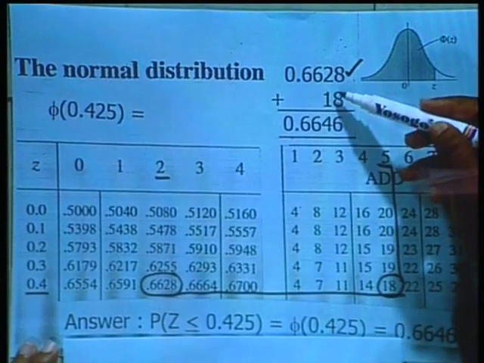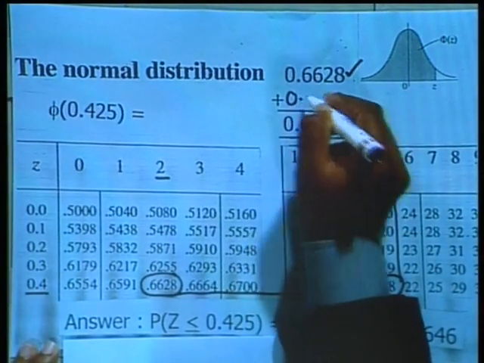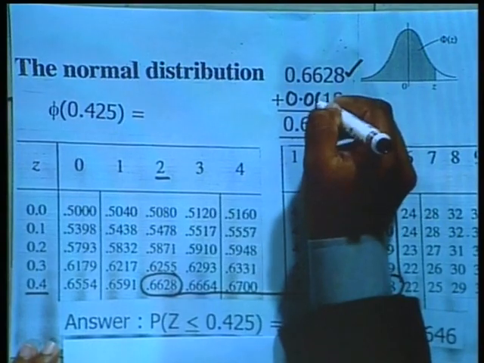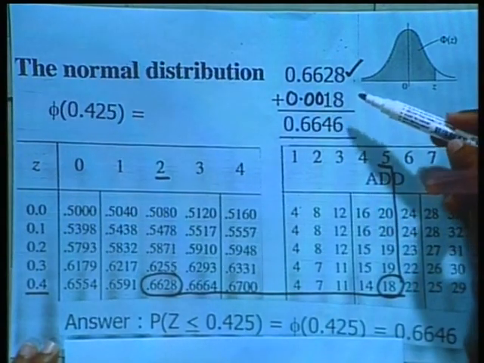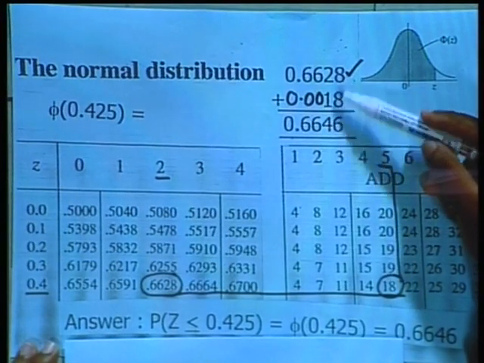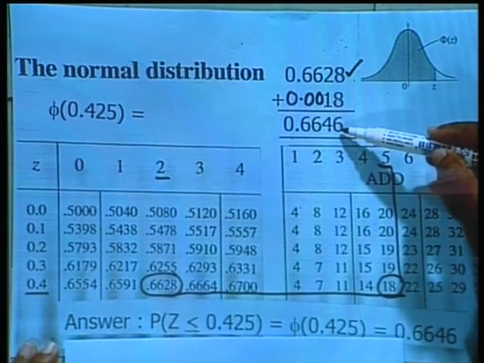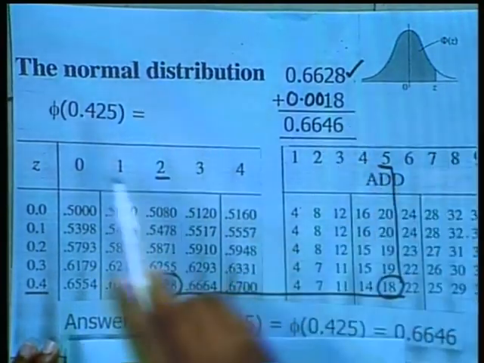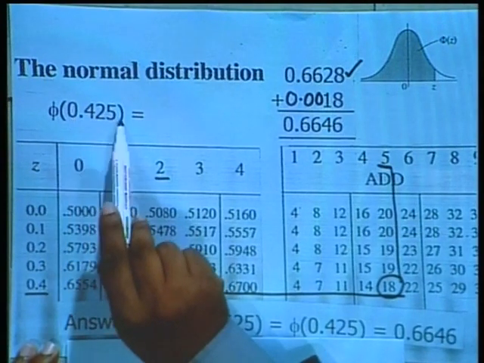So we write 18 here because in fact it represents 0.0018, which we add to the last digit in order to obtain 0.6646. So here the value of z was 0.425.